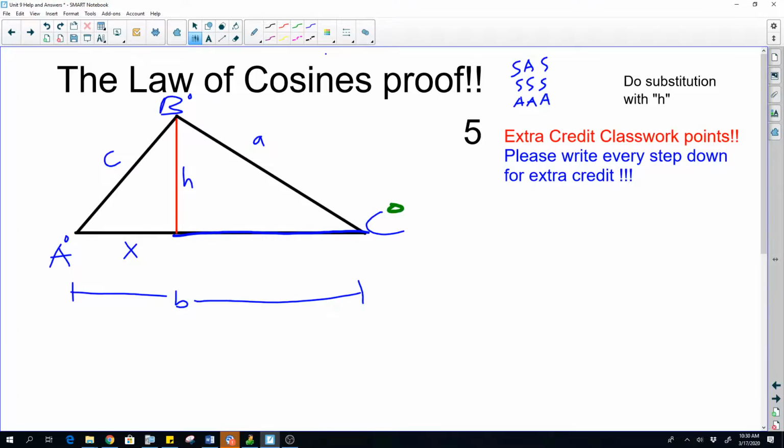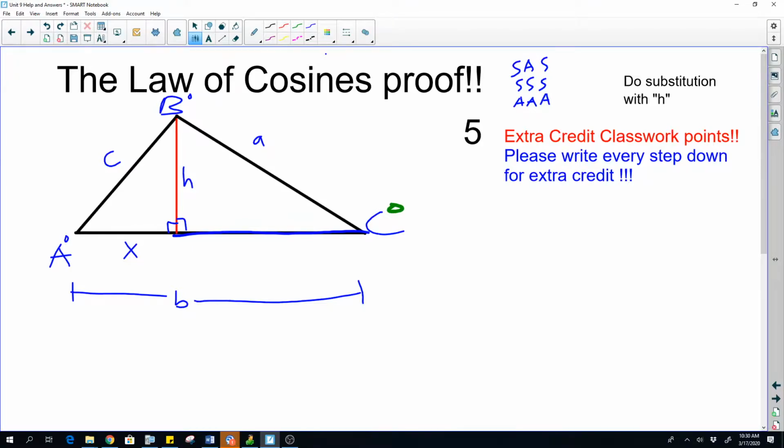So if you draw an altitude straight down, that would create some right triangles, right? And if we use right triangles, then maybe we could use SOHCAHTOA or the Pythagorean theorem to help us solve the missing parts of the non-right triangle. Starting off, we had to find this part right here.